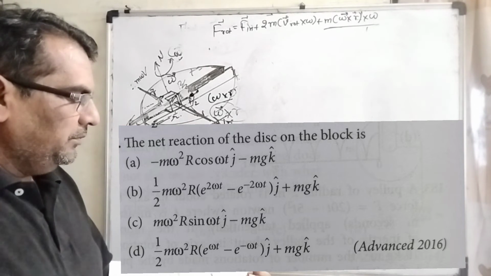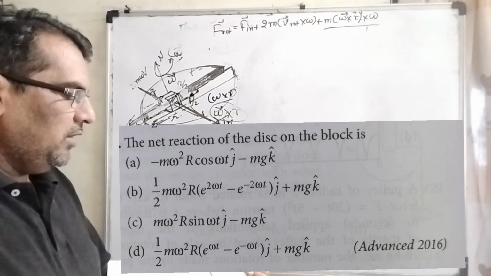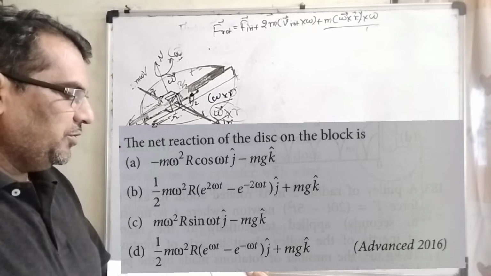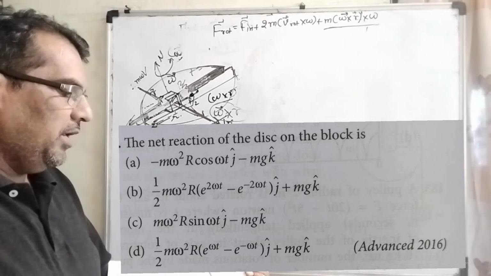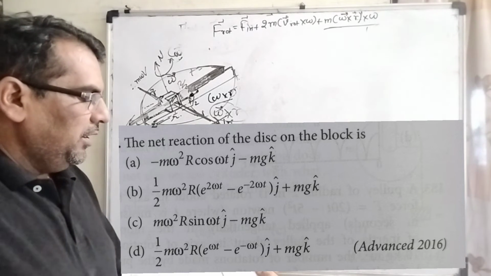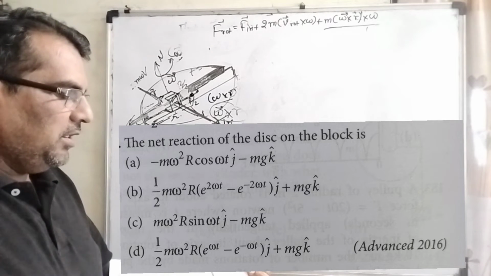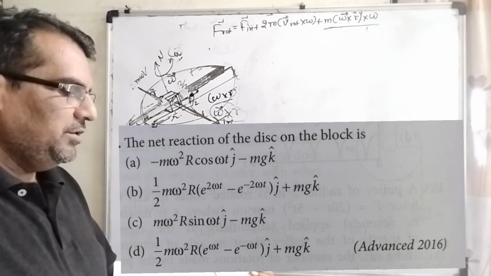Option C, m omega square R sin omega t j cap minus mg k cap. And last option D, 1 by 2 m omega square capital R into e raised to power omega t minus e raised to power minus omega t, j cap plus mg k cap.